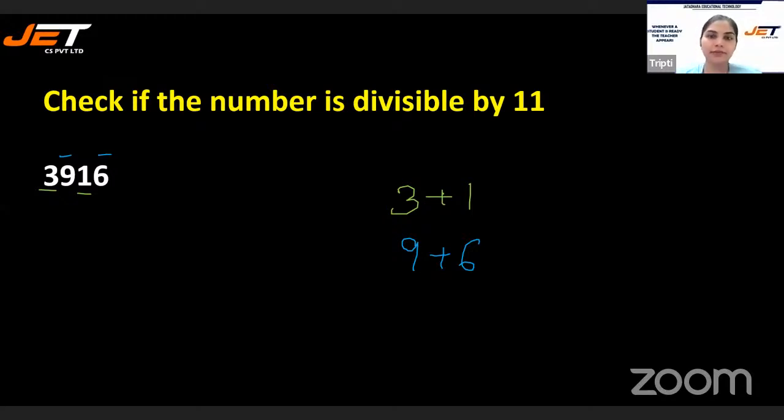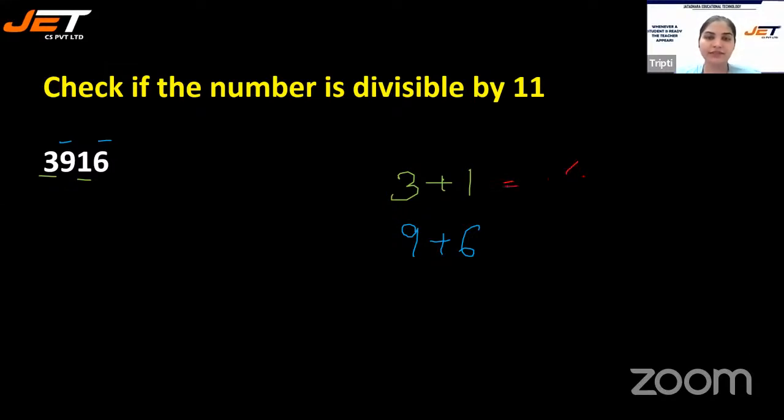So I hope it's done. 3 plus 1 is 4. 9 plus 6 is 15. And 15 minus 4 is 11, isn't it? So what do you think? Is it divisible by 11 or not?